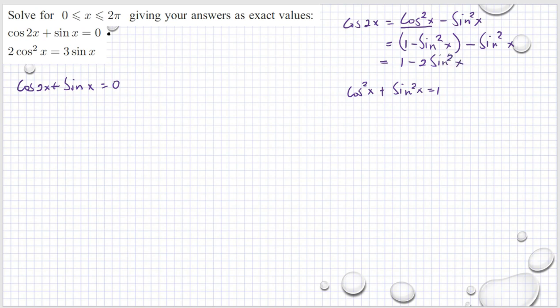So if we substitute now cosine 2x, then we have 1 minus 2 sine squared x plus sine x is equal to 0. If we multiply all the terms by -1, then we have 2 sine squared x minus sine x minus 1 is equal to 0.